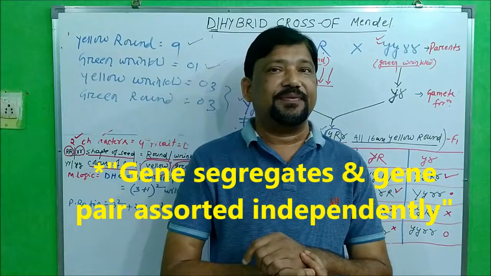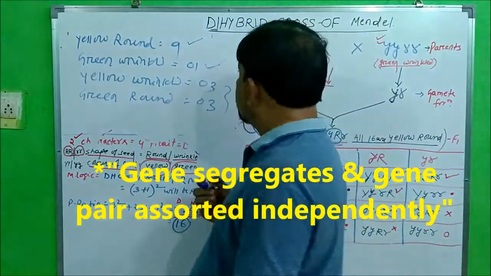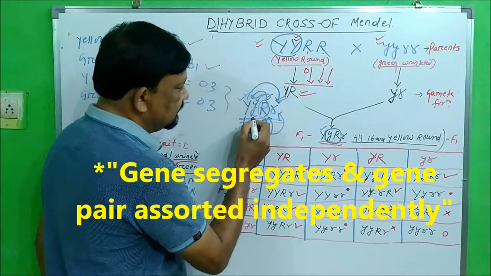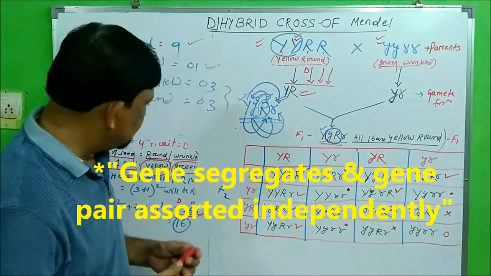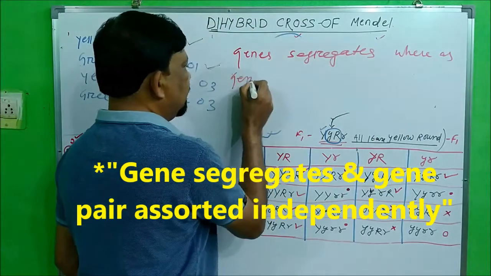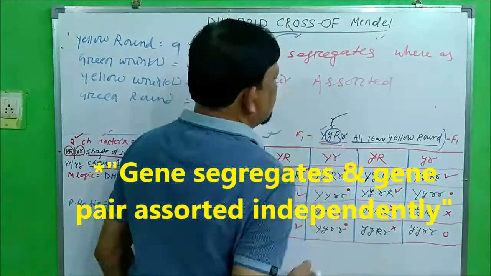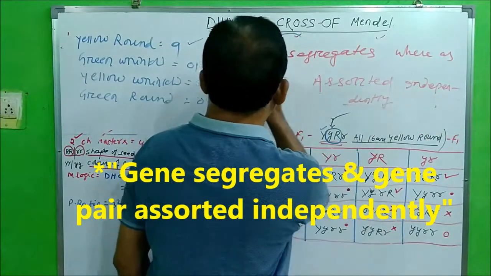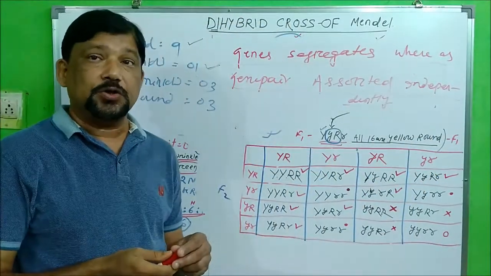Now we call these factors genes. So we often say genes segregate. This gene separates from this gene. So genes segregate while gene pairs assort independently. This is the most important term that we derive from Mendel's dihybrid cross.